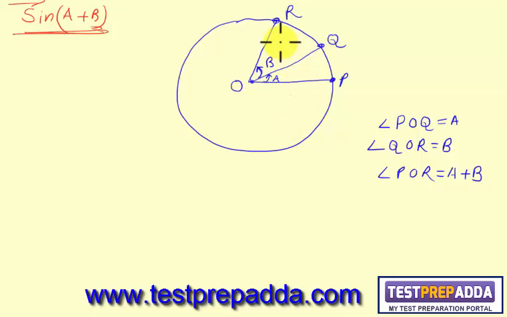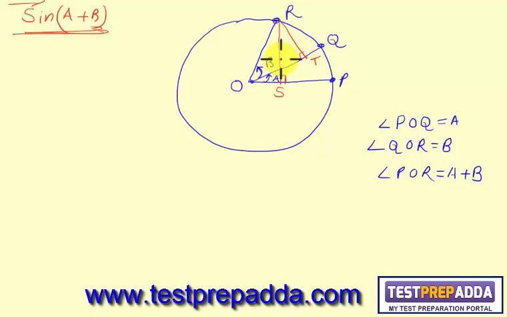Let this point be S, and another perpendicular on this OQ line, let this be T. Okay, this is the 90-degree angle.